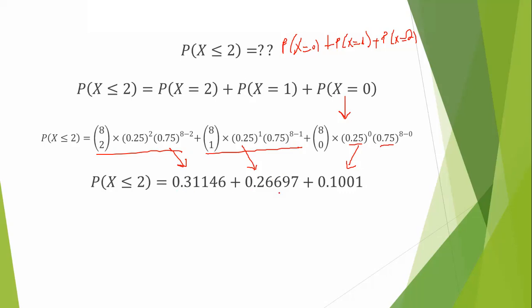Okay, you could now add this. That one we have confirmed.